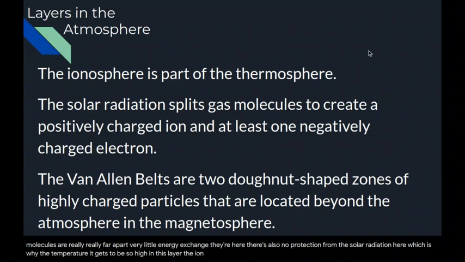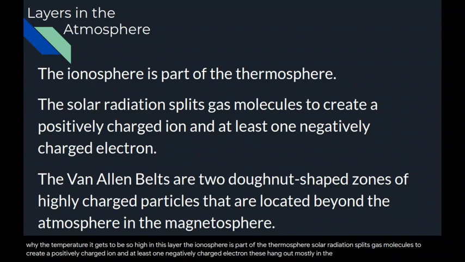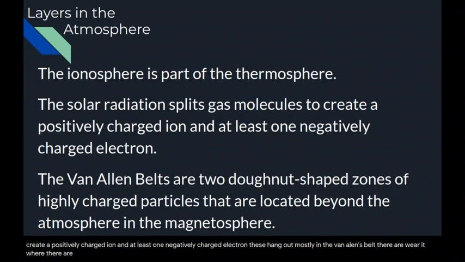The ionosphere is part of the thermosphere. Solar radiation splits gas molecules to create a positively charged ion and at least one negatively charged electron. These hang out mostly in the Van Allen belts, where there are two donut-shaped, oval zones of highly charged particles.